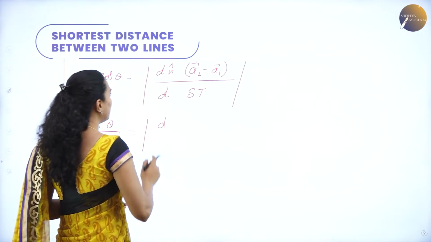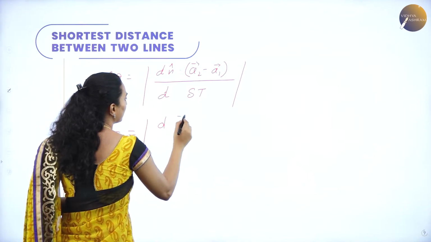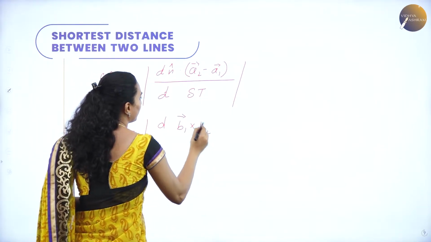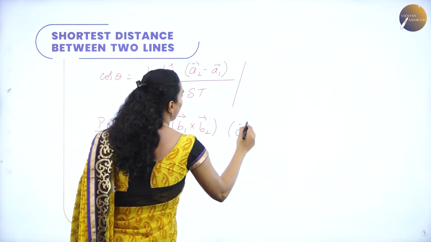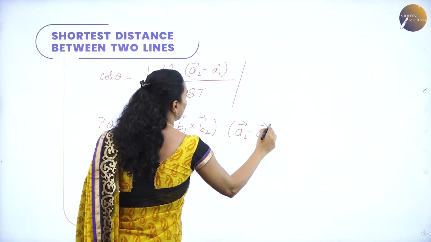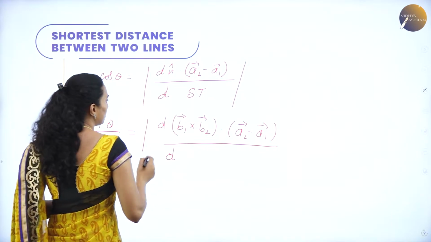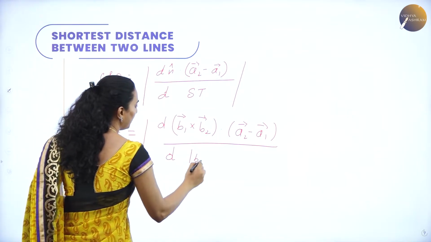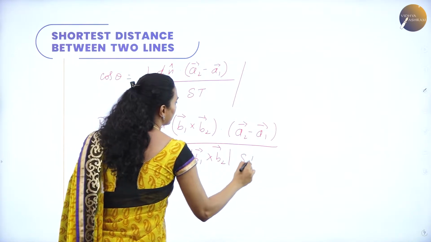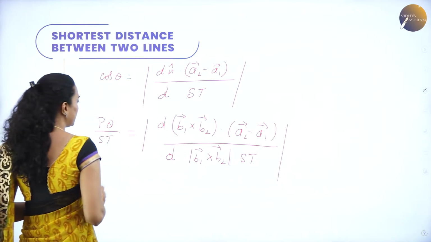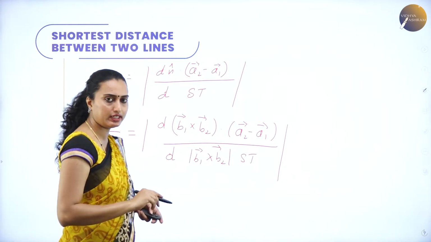So substituting that, D into B1 cross B2 dot A2 minus A1, divided by, D as it is, so you have magnitude of B1 cross B2 into ST, correct? Now here D will get cancelled, and ST also will get cancelled.